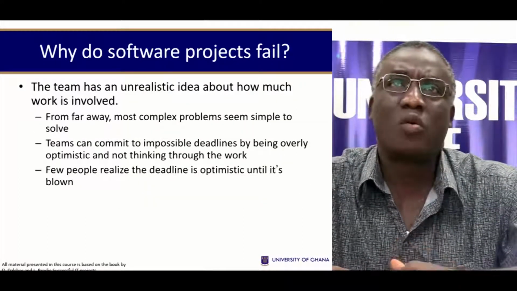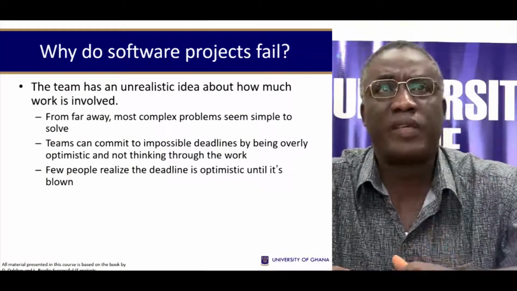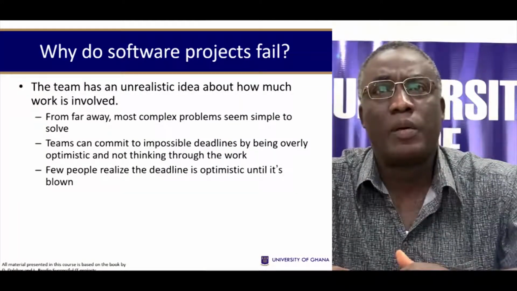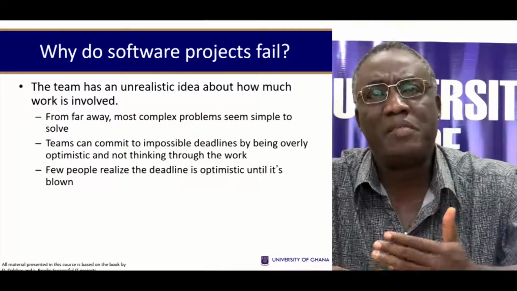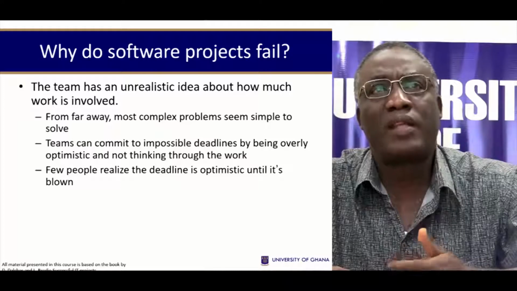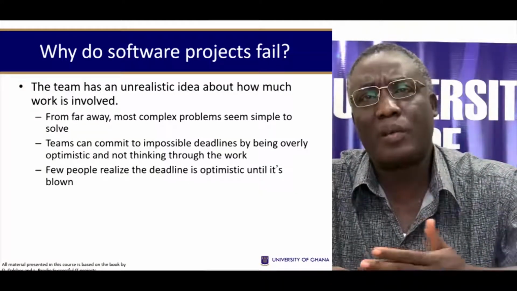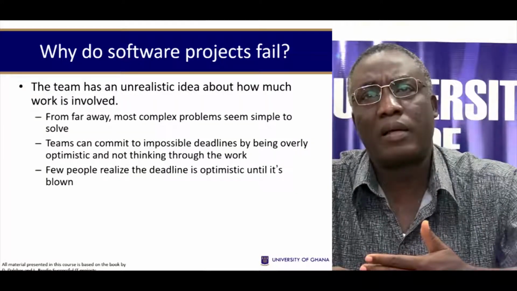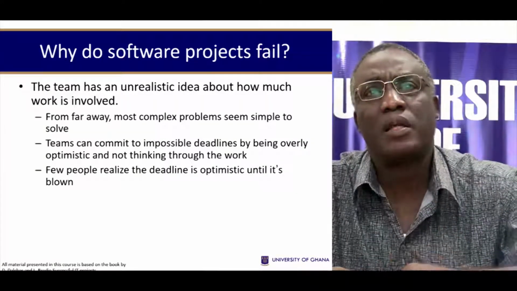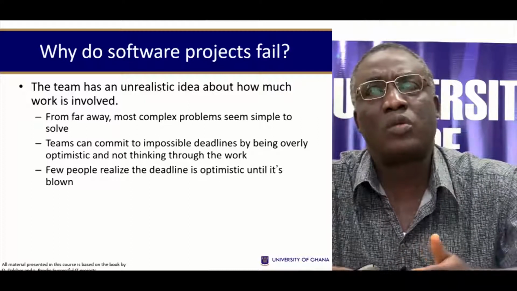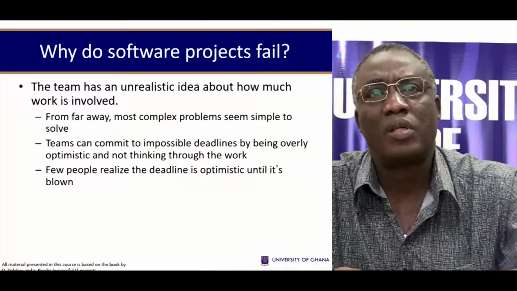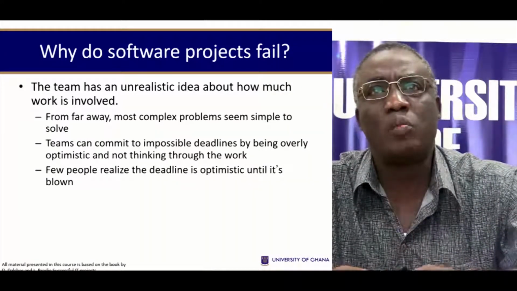Other reasons why software projects fail is that we actually underestimate the amount of work that is involved. If you think about it, from a distance, you think that the problem you want to solve is quite simple. You therefore commit to impossible deadlines.